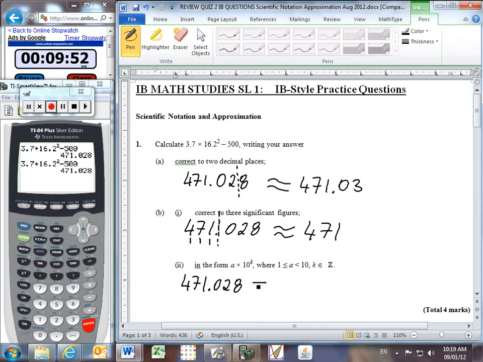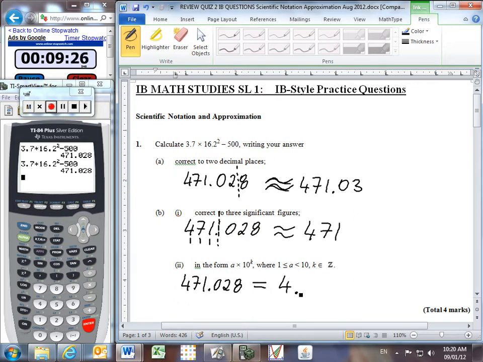471.028. And we're not rounding this time, we're actually writing the exact value. And that's why I'm not using these curly approximately equal symbol. I'm using a straight equals, this is exactly equal. And for scientific notation, a little bit like significant figures, we first look for the first non-zero digit. We know that this is at the beginning, the 4.